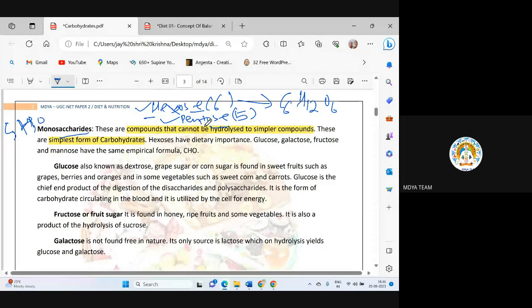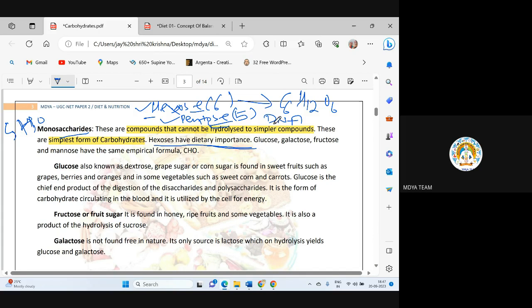So that's why it is written here that hexose have dietary importance. This can be a question: which monosaccharide has dietary importance? Hexose has dietary importance. What is the importance of pentose in our body? What is the role of pentose? You all have heard of DNA, deoxyribonucleic acid.